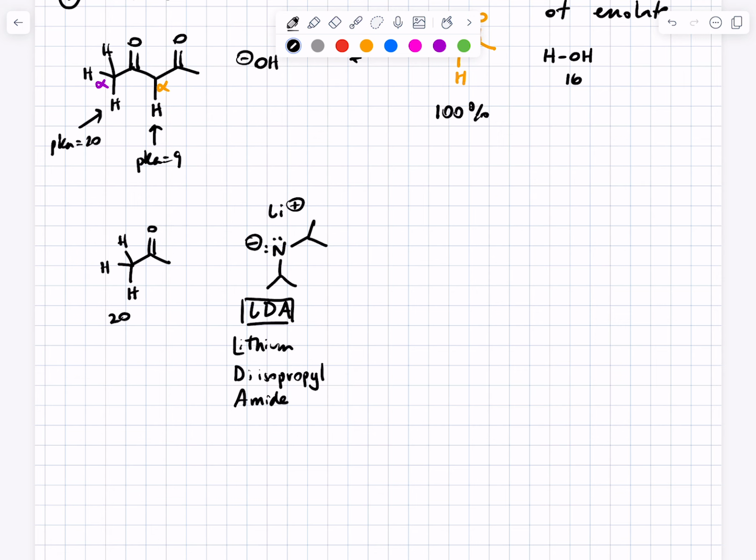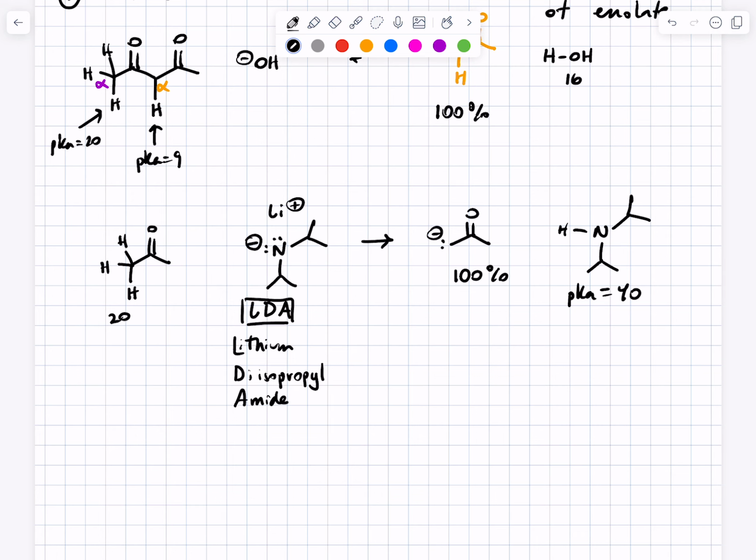That is a base that has a conjugate acid whose pKa is actually pretty high. The conjugate acid has a pKa of 38, maybe actually 40. It's even less acidic than that. So that means that, again, in over 100% yield, you make the enolate and you can't go backwards.